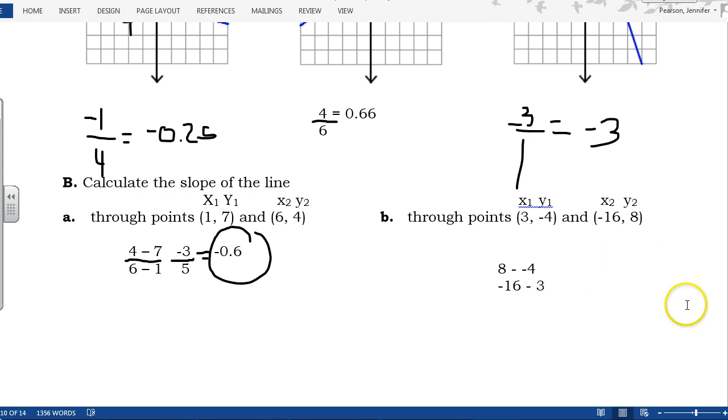On the numerator, that is 12. On the denominator, that is negative 19. And 12 divided by negative 19, I have negative 0.6316. If I round it, I can just round it to negative 0.6.